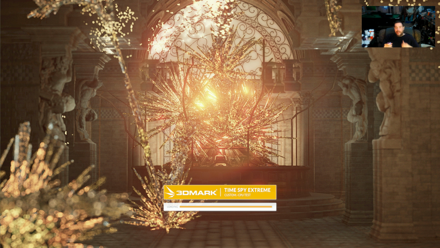And now what it's going to do is run the CPU test and give you an idea how the graphics are performed on your CPU. I've only got a 5600X, so it's not going to be the greatest. But if you have a higher, better CPU, then this should represent that as well.